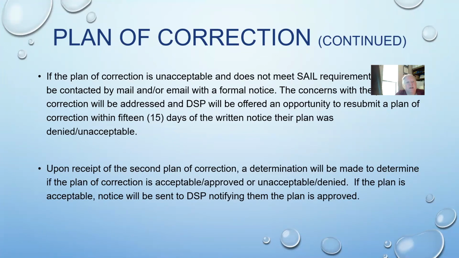Upon receipt of the second plan of correction, a determination will be made as to whether the plan of correction is acceptable, approved, or unacceptable, denied. If the plan is acceptable, notice will be sent to the DSP, notifying them the plan is approved.